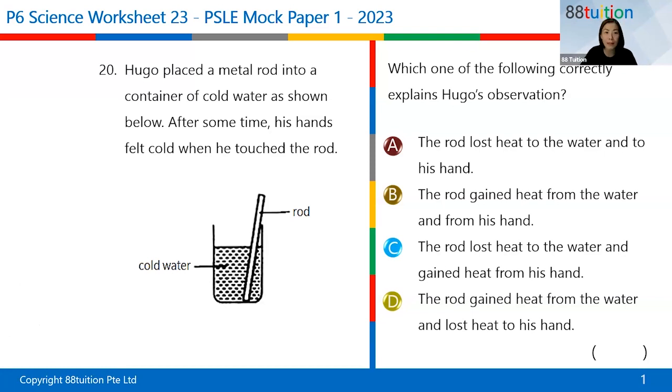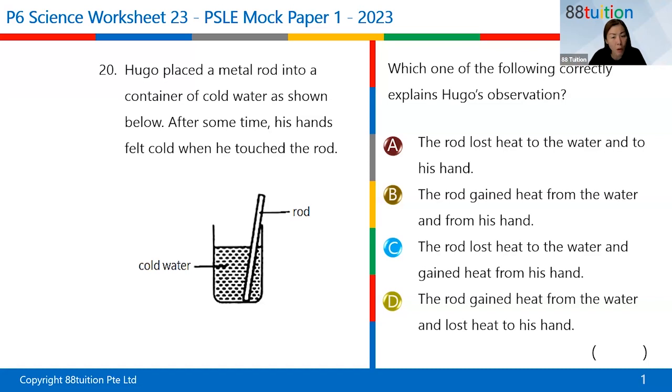But of course, when you're writing on paper, this is not the way you write, isn't it? So he is right. Heat is always going to be flowing from a hotter region to a cooler region. All of you agree, right? So in this case, this rod is placed into cold water. You need to compare the rod as well as the water, which is warmer, which is colder.